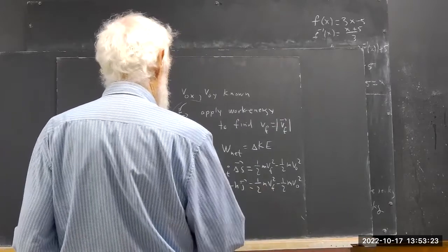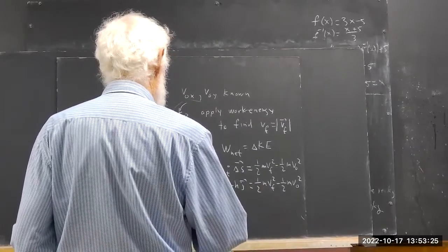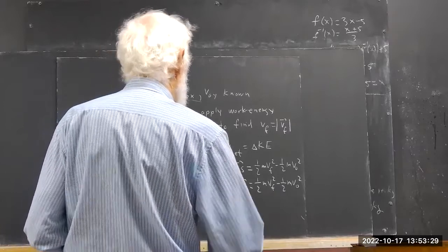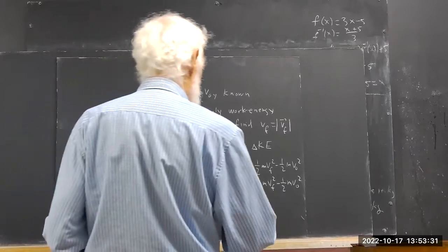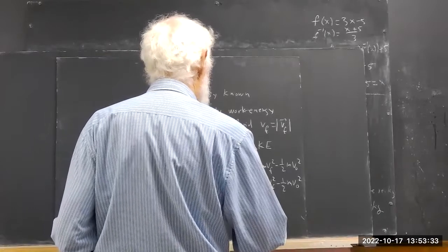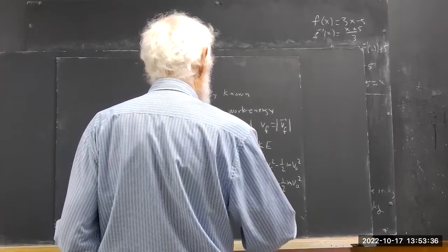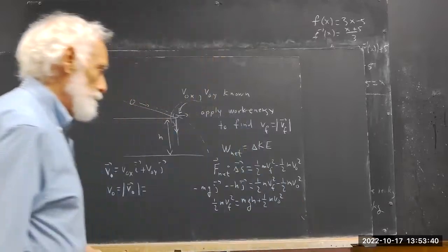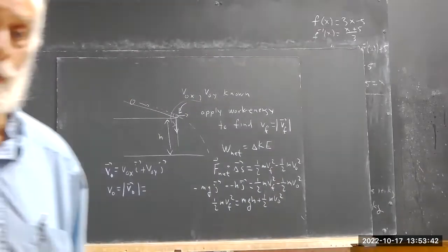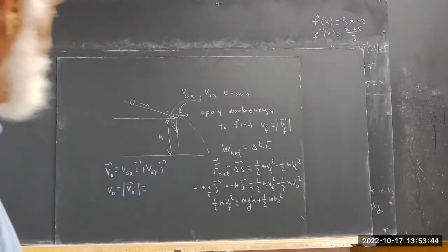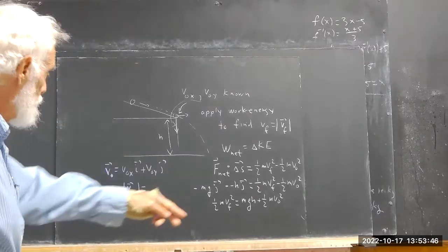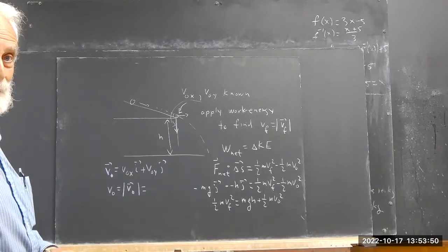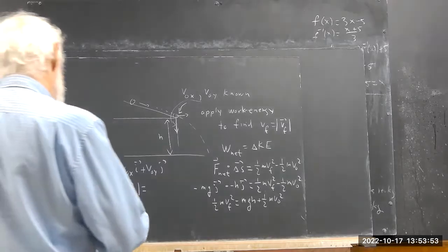But now we can say that when we do this dot product, we get mgh, plus 1/2 m v naught squared. Again, this is not the vector v naught, it's the magnitude, because you don't square vectors.